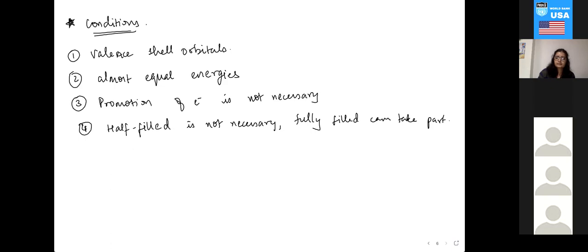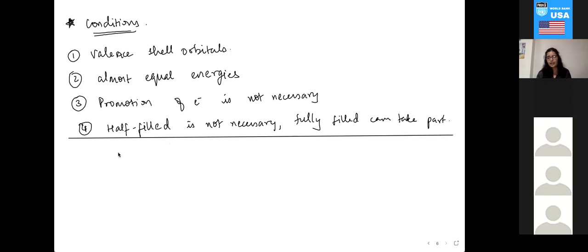Ma'am, I didn't get the third one. Third one, I didn't elaborate on it. When we come to that particular case, then I'll highlight it. And the fourth one, why do fully filled also take part? It's not necessary that it needs to be half filled.